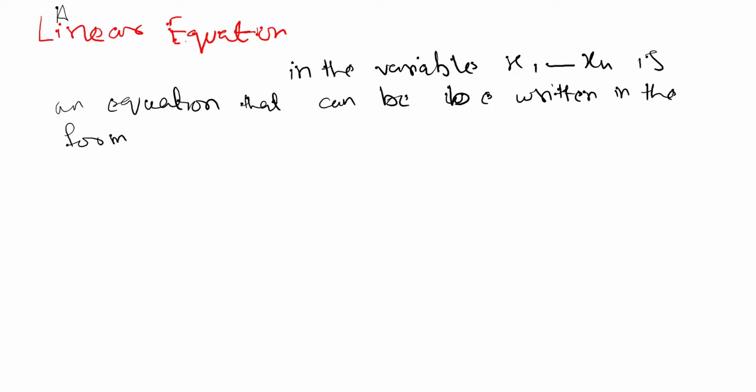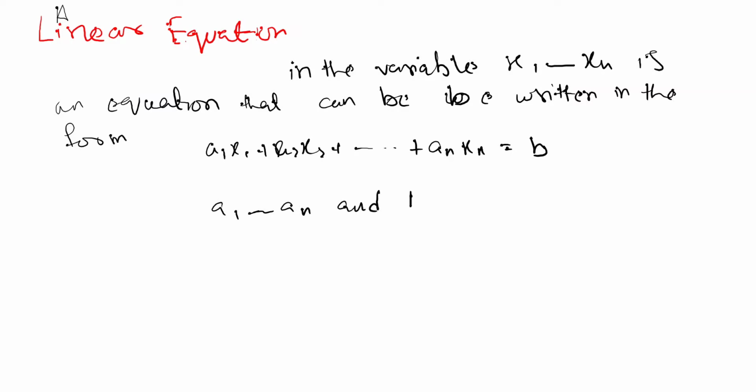a1 x1 plus a2 x2 plus, and so on, up to an xn is equal to b, where a1 to an and b are the coefficients. They can be constant or linear coefficients.